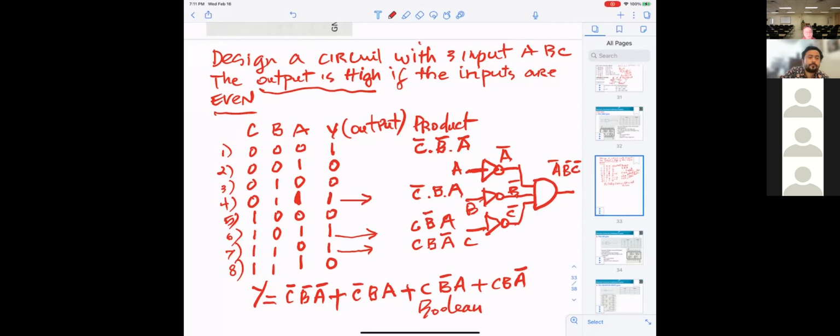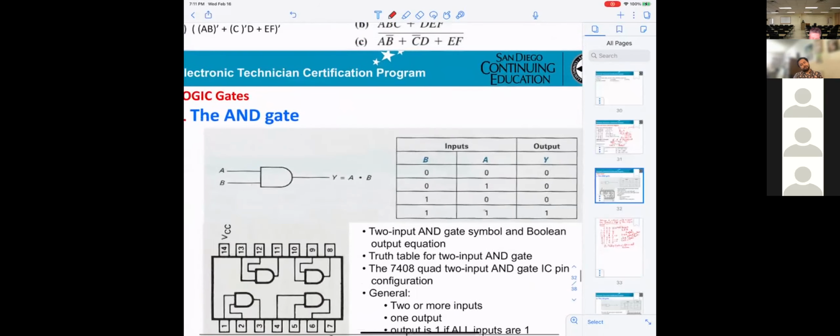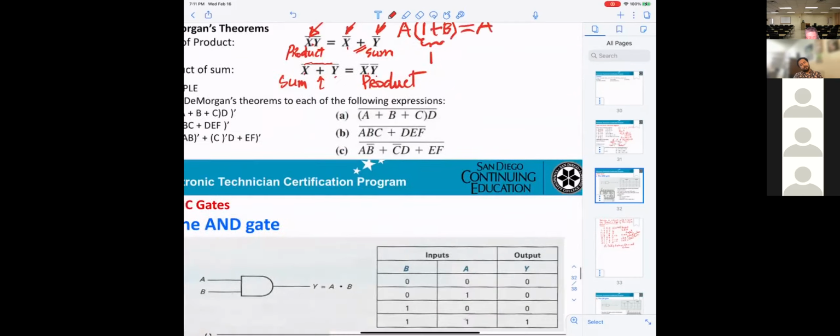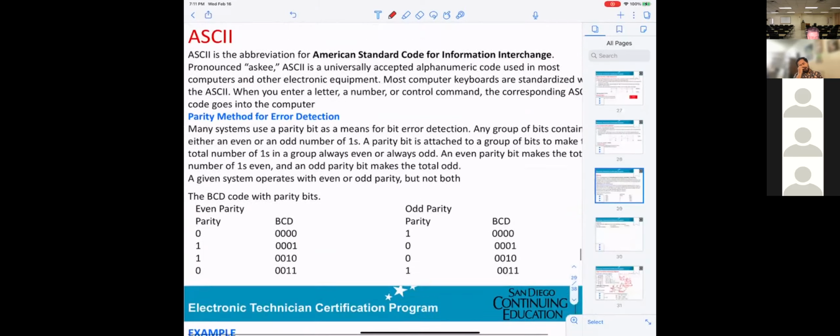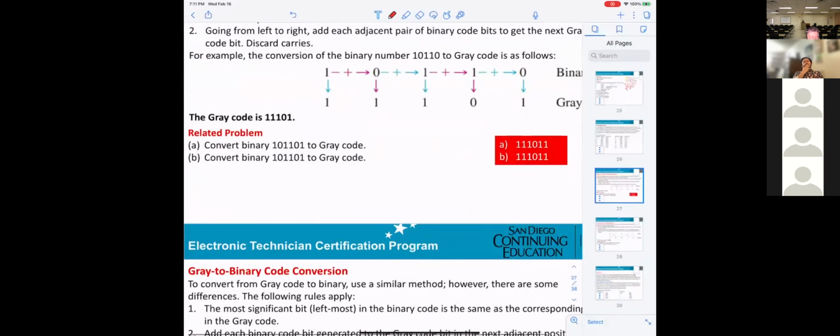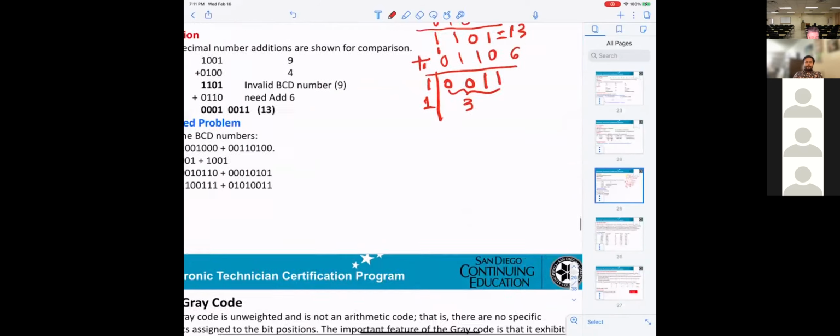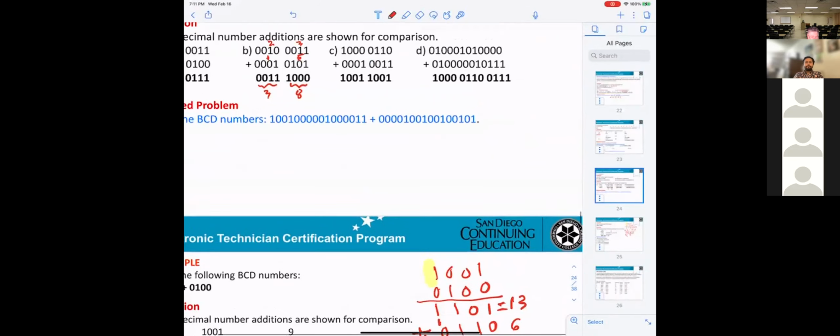Okay? Mr. Pham, can we go back to the laws and rules of Boolean algebra, to number 10 and number 11? Yeah, go back to the laws and rules first.